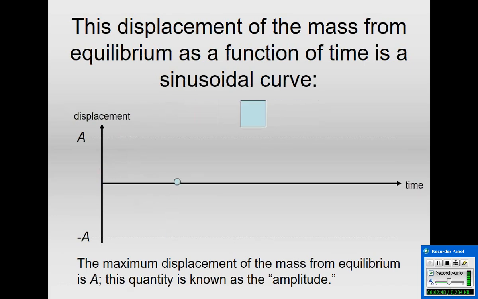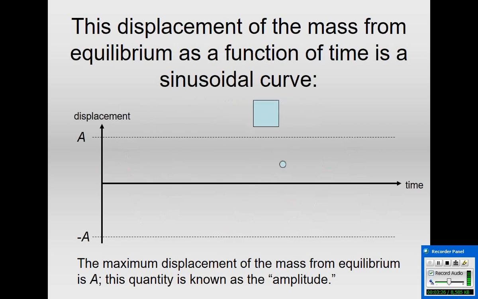In order to understand how we're going to describe the motion, take a look on the screen. What you see up top is an object oscillating in one dimension back and forth, left to right. And underneath it, you see a graph of displacement versus time. And along with it, you see a moving little circle. Now, that moving little circle, its location along the vertical axis, which is displacement, is representative of the displacement of the actual oscillating square.